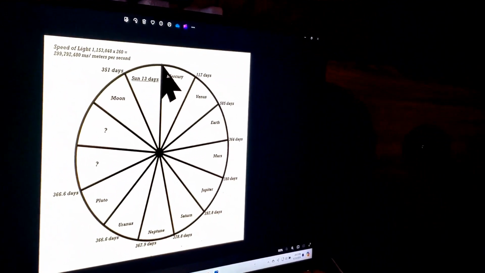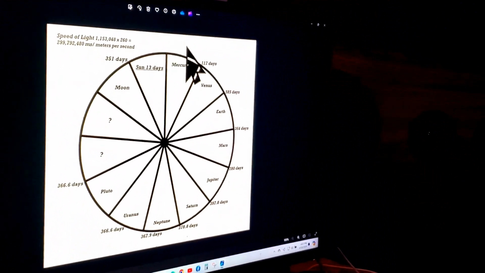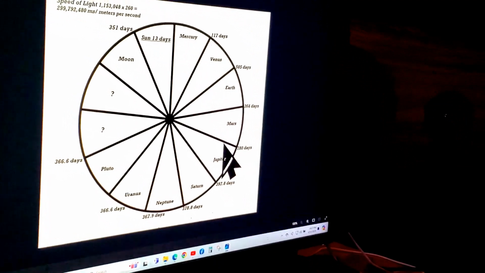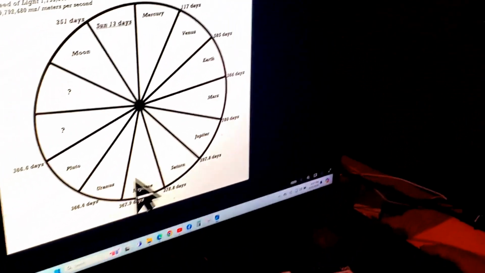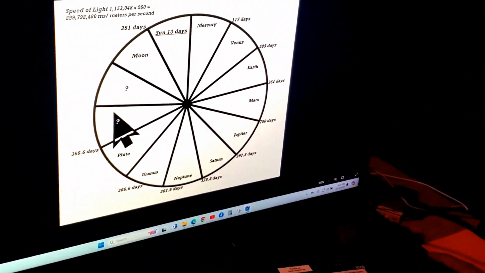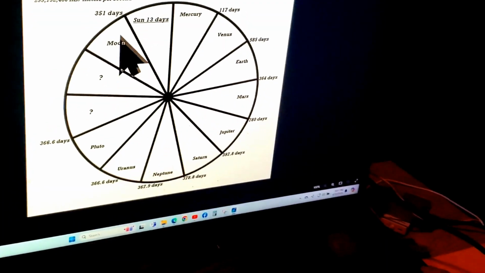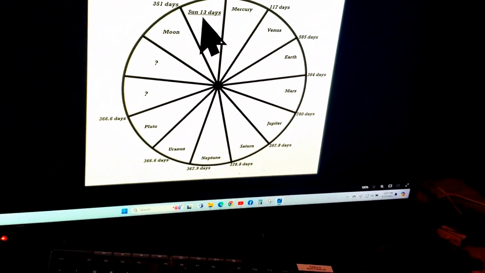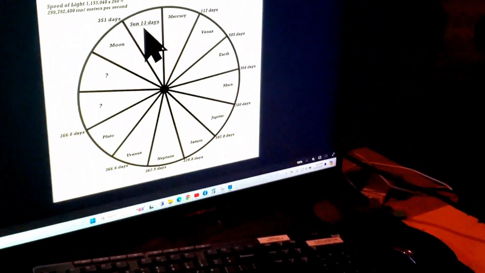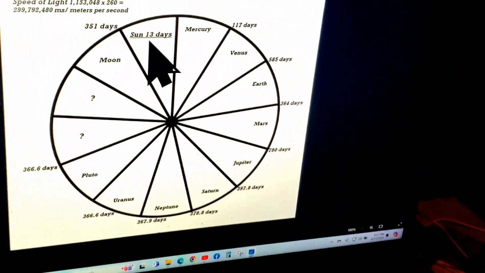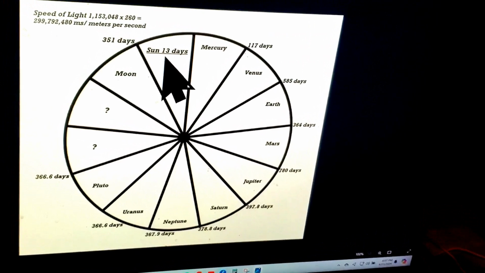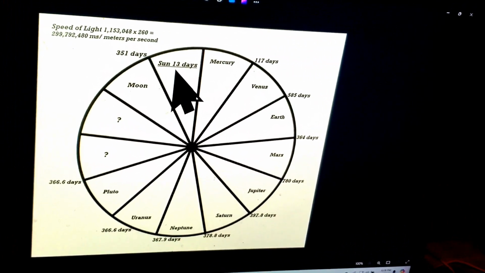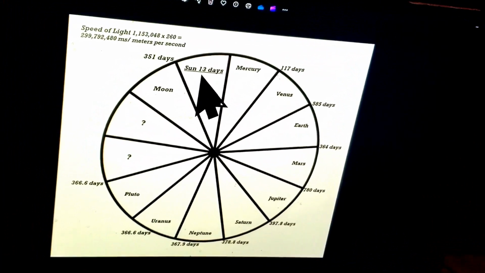This is the sun going through its 13 phases. Phase 1, Phase 2, Phase 3, Phase 4, Phase 5, Phase 6, Phase 7, Phase 8, Phase 9, Phase 10, Phase 11, Phase 12, Phase 13. And that's the whole entire cycle for the sun in a 13-day period as it goes through its cycle. So everything is laid out on these 13s according to the sacred calendar.